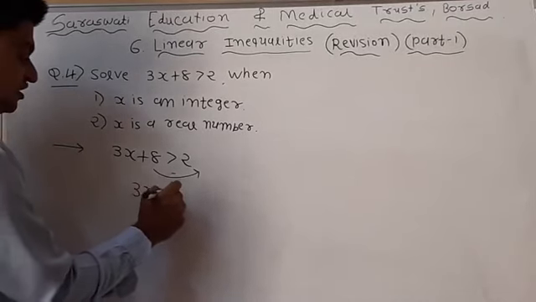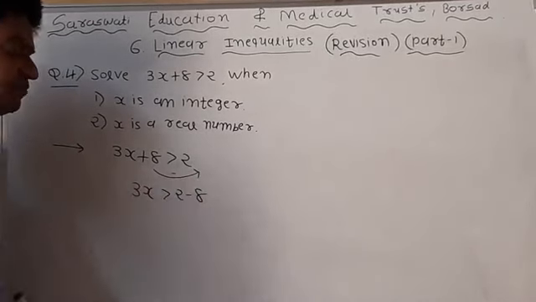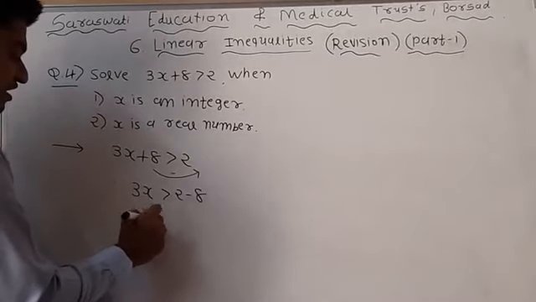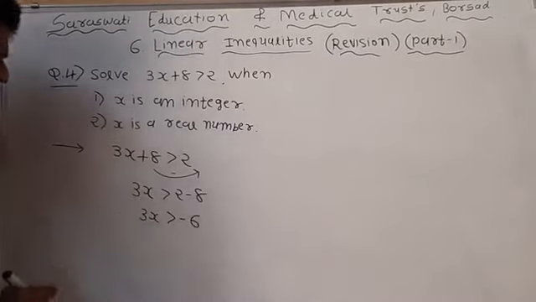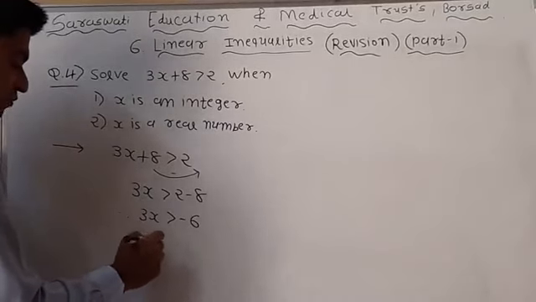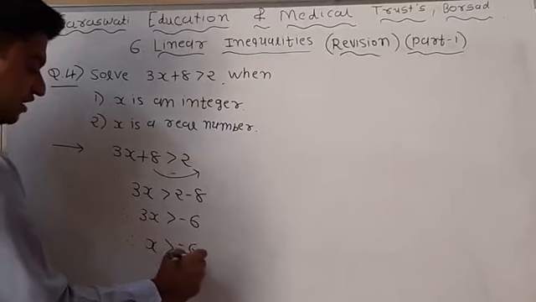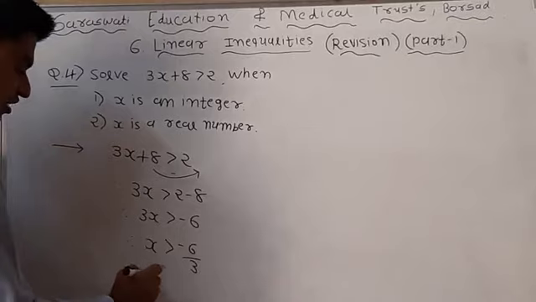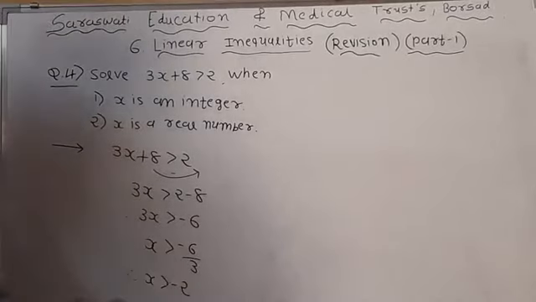Therefore 3x greater than minus 4 minus 8, that means 3x greater than minus 6. Now divide by 3. So x greater than minus 6 divided by 3. Therefore x greater than minus 2.